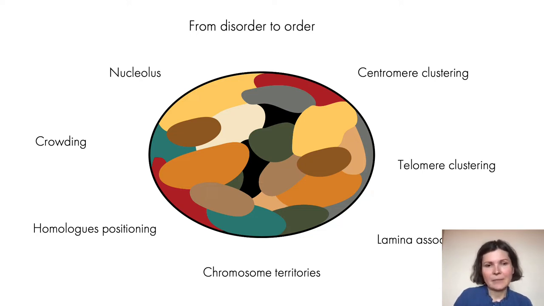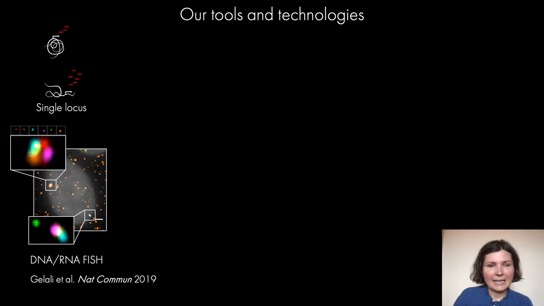And so in recent years, my lab has been developing various methods, various tools and technologies to study chromatin architecture. We have been developing various microscopy approaches, mainly DNA and RNA FISH, to look at individual topologies of DNA and how they relate to gene expression.